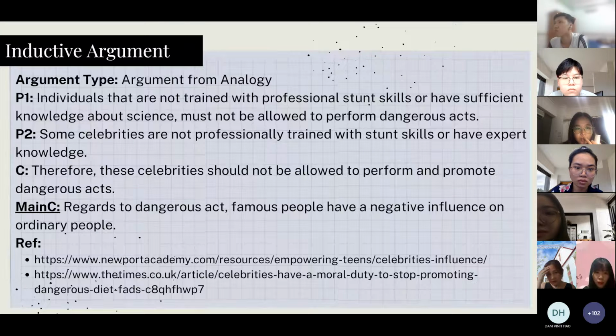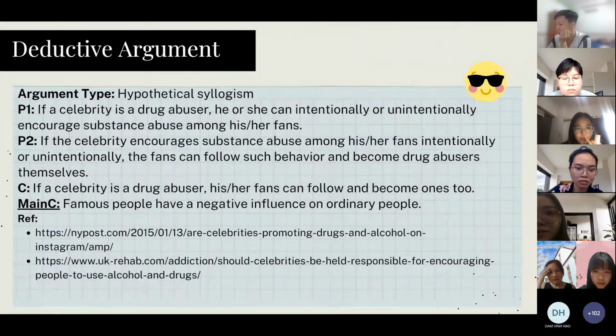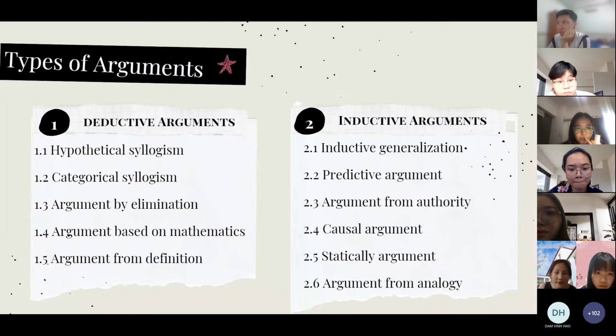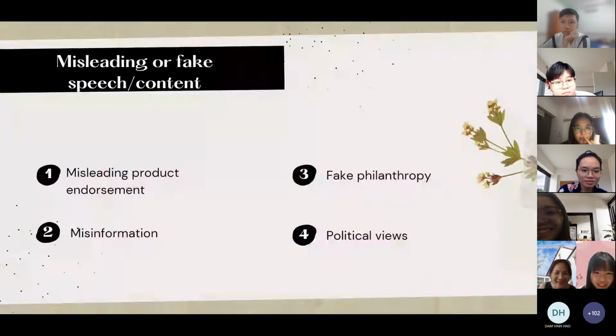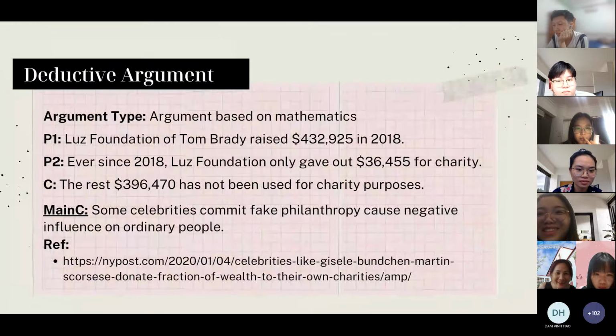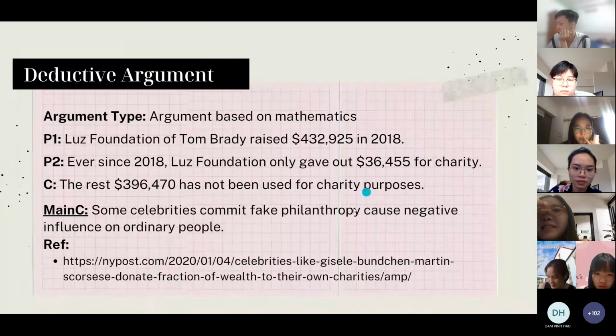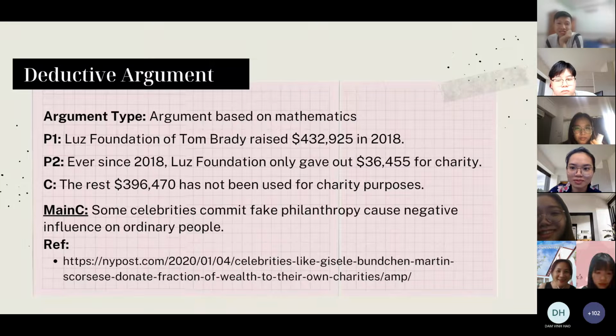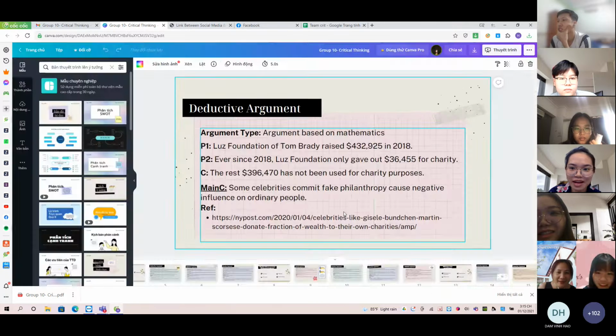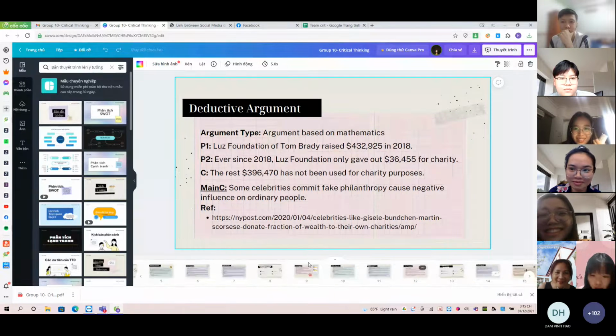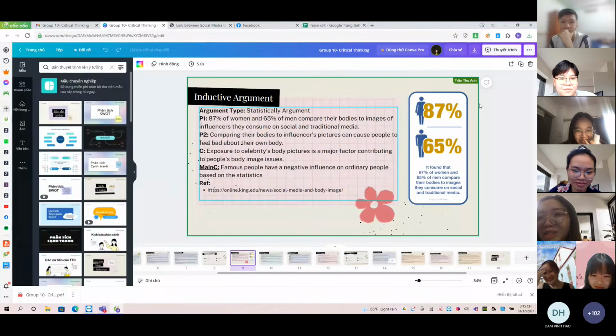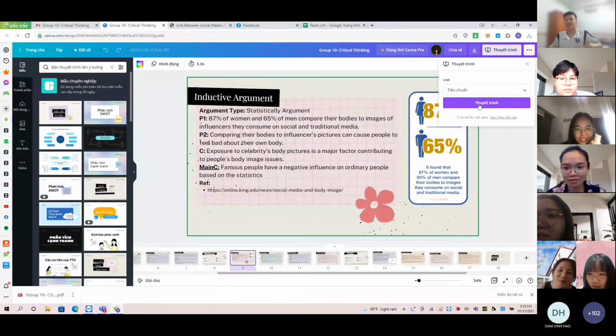Not this one, go down. One more slide. Go down, not up. Go up. Who's controlling? Thương. The slide with the flower, dear. That's a very good identification. Okay, right, this one.